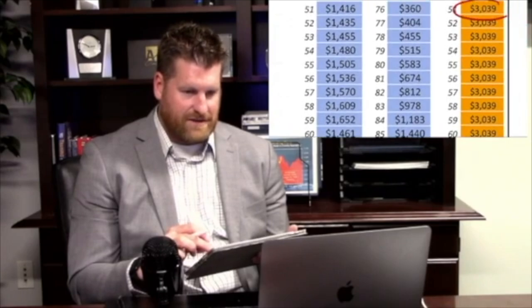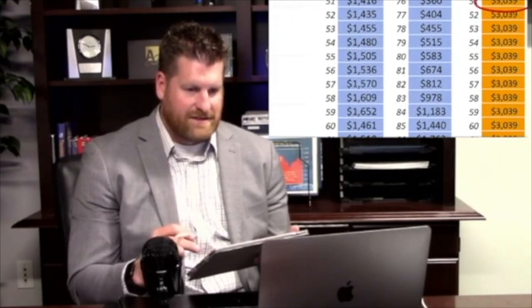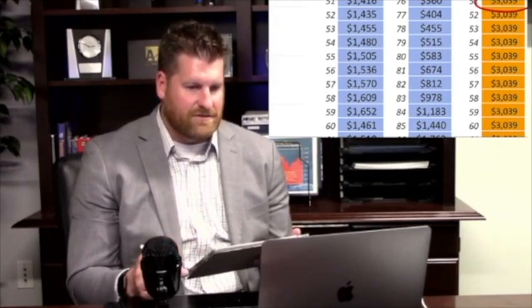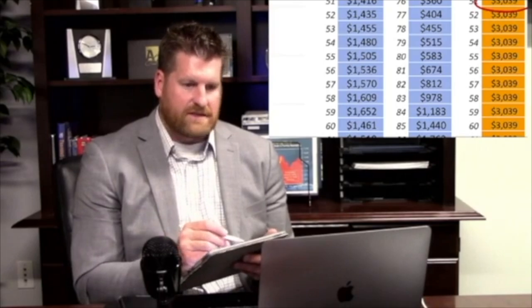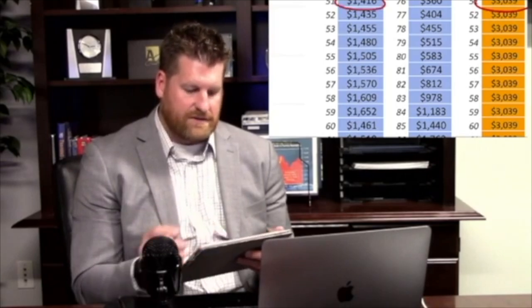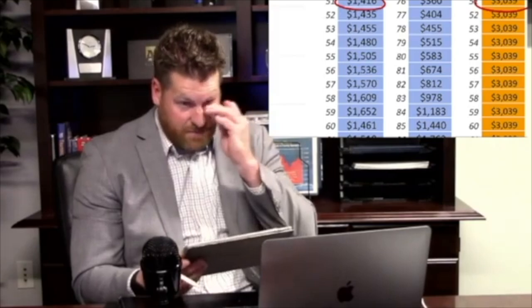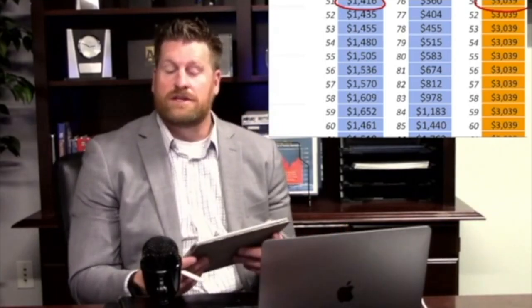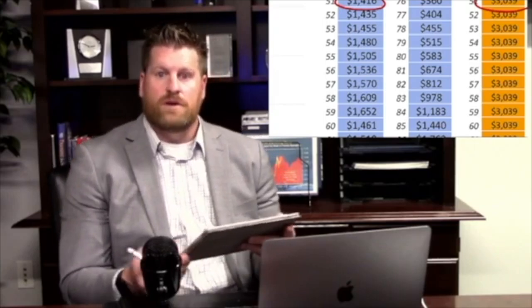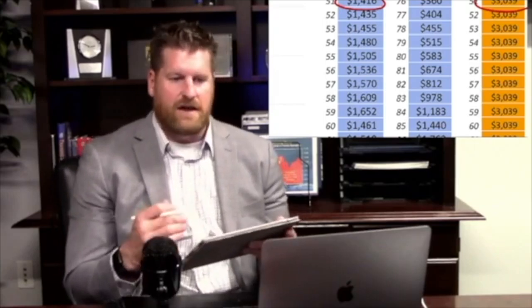Okay, the cost is $3,039, whereas the first year cost in this index universal life is $1,416. So about half the cost is between these two initially. Okay, and then we can scale this down, and we'll point out some other things.